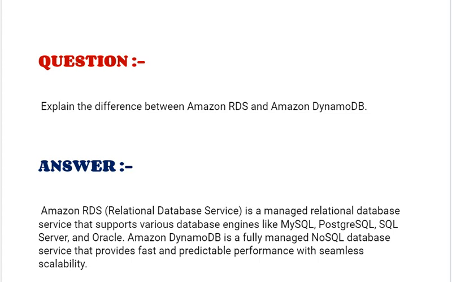Your answer should be: Amazon RDS, that is Relational Database Service, is a managed relational database service that supports various database engines like MySQL, PostgreSQL, SQL Server, and Oracle. Amazon DynamoDB is a fully managed NoSQL database service that provides fast and predictable performance with seamless scalability.